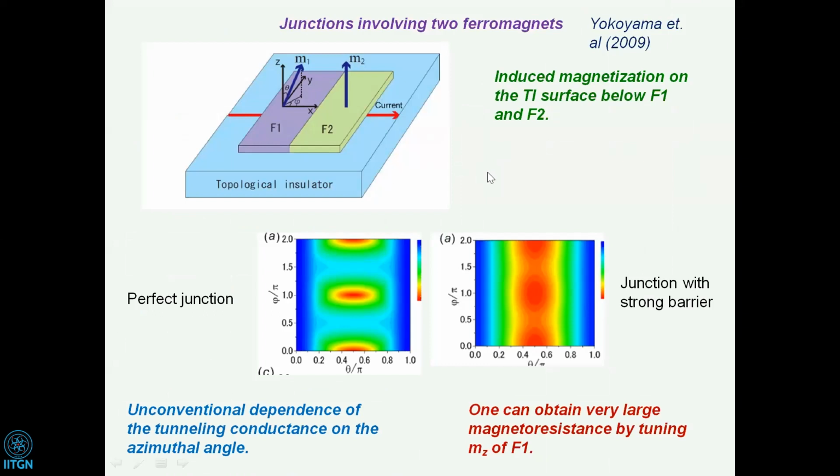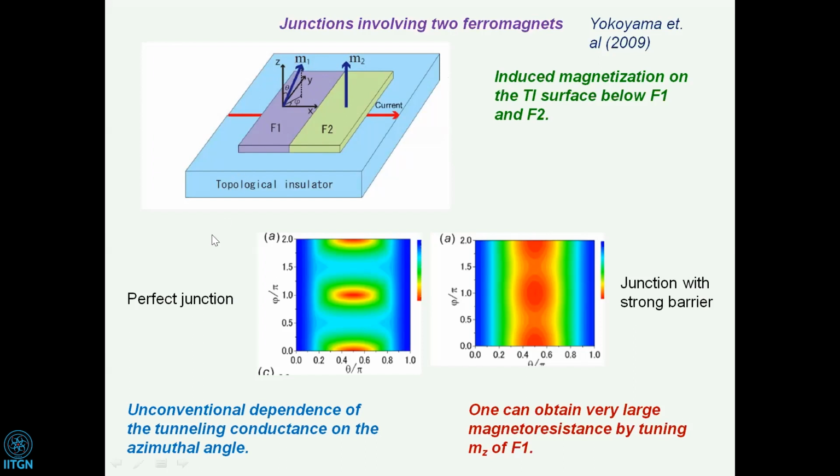Now this is non-standard, and the reason why it is non-standard is that normally these magnetic substances would induce a Zeeman-like field, and this Zeeman-like field, if it has any effect, will depend on the relative orientation of these two magnetic materials, and that relative orientation is always going to depend only on theta.